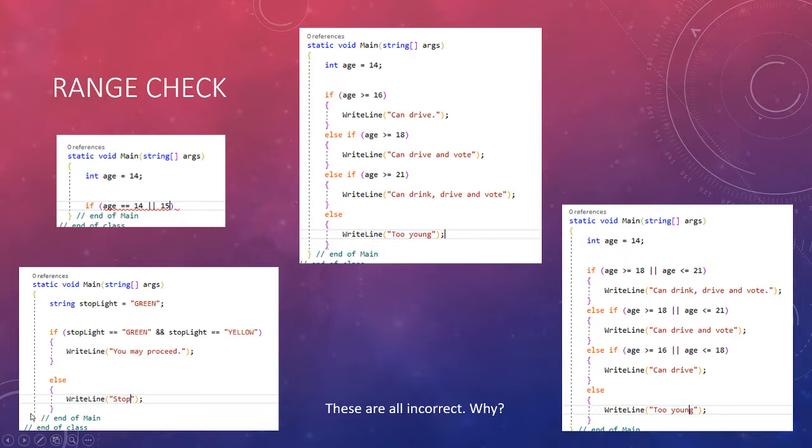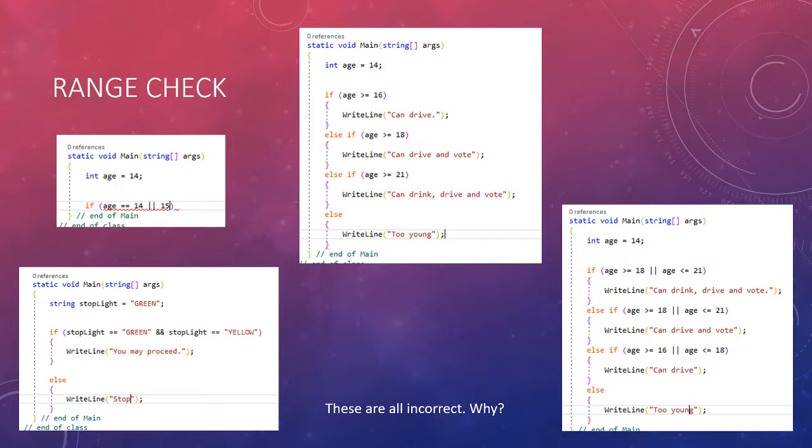We've got an improper and here. We can't have the stoplight equal green and the stoplight equal yellow at the same time. It's an impossible condition, so it's a logic error. So we would never get a true condition out of this if statement.